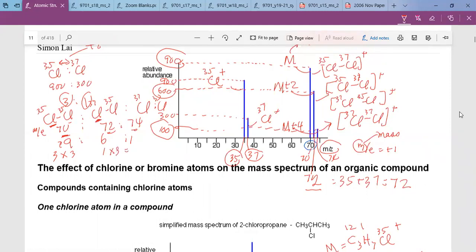Now you reverse it, 35 and 37. The chance to occupy here is 3 times 1, so total 3, which means 6. For Cl37 and 37, the chance of occupying the space here is 1. So it's 9, 6, 1. Do you understand? Go back and think over. I don't have time to go over everything.